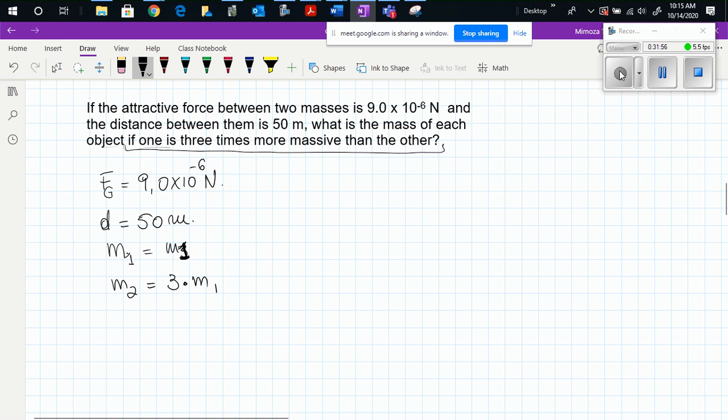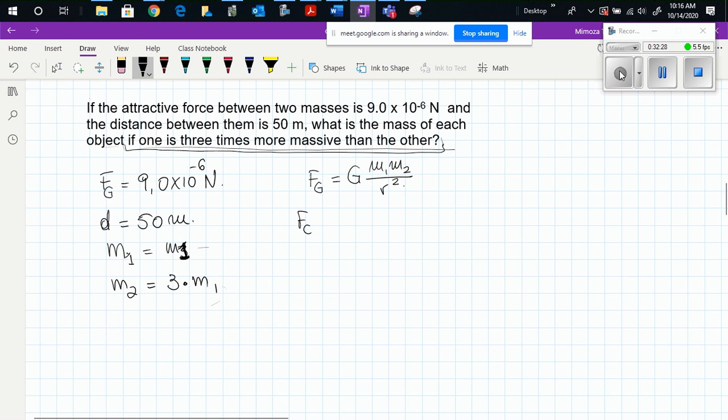Okay, this expression here, 3 times more than the other, is translated into: mass 1 is mass 1, and mass 2, object 2, is 3 times more massive than the other mass. So now what we have is universal force of gravity is capital G mass 1 mass 2 over r squared.